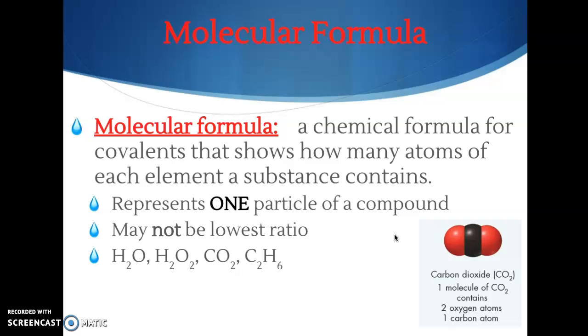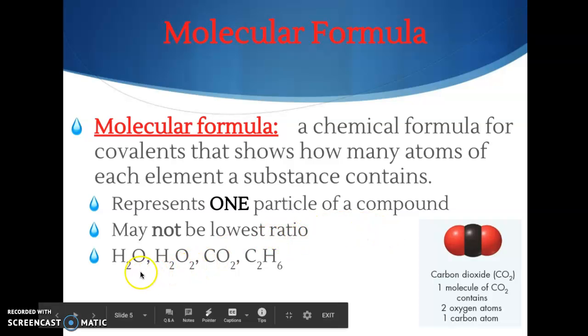That is not the case with molecular formulas. It doesn't have to be the lowest ratio. Here's a few examples. You have H2O. H2O2 is hydrogen peroxide. This is an example where it's not the lowest ratio of the atoms in the compound. You also have CO2, carbon dioxide, and C2H6. This is another example where it's not the lowest ratio.